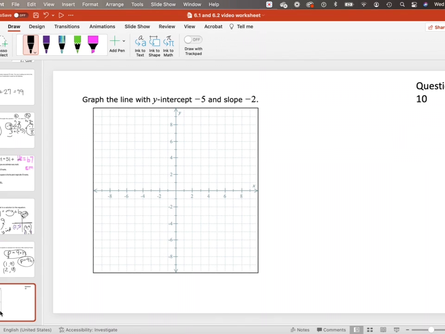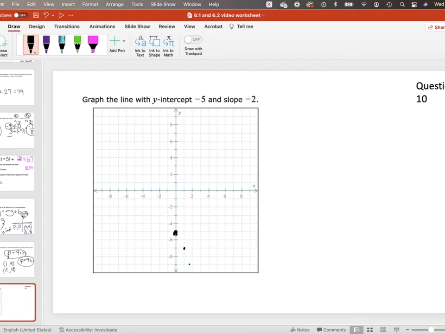Last problem. Graph the line with a y-intercept of negative 5. Now, y-intercept means that it's going to cross here. So negative 5 is the y-intercept. And the slope is negative 2. So we're going to go down 2, right 1, and put a point.